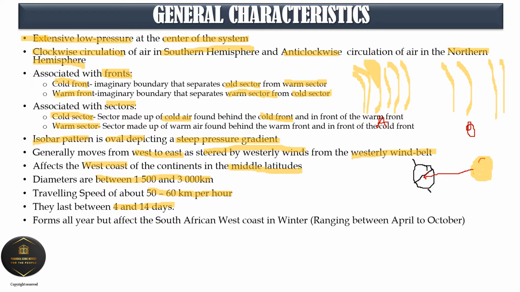And now a zone is created because of this direct heat from the sun, and that zone is known as the ITCZ. Are we fine with that? The zone is known as the ITCZ. Very important for you to note.